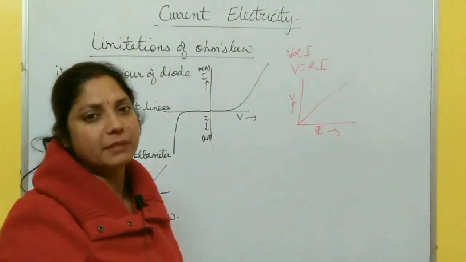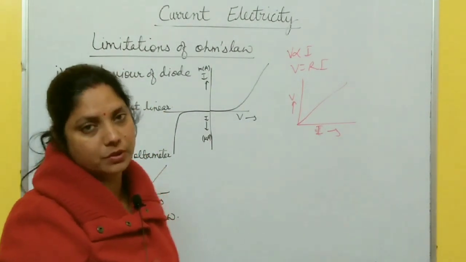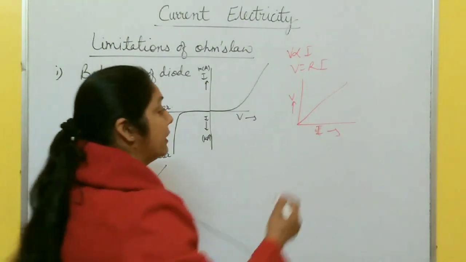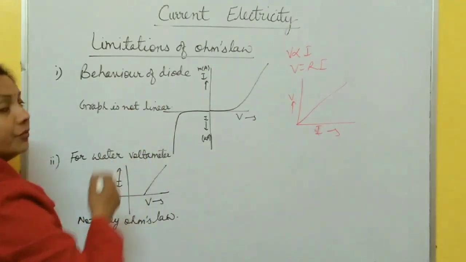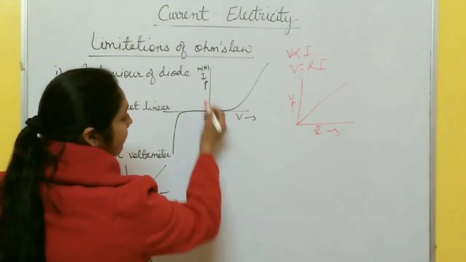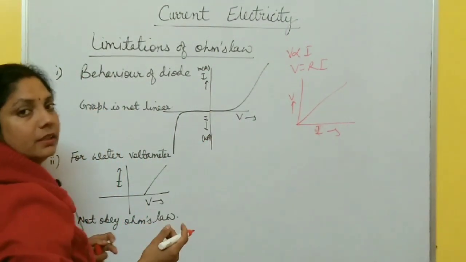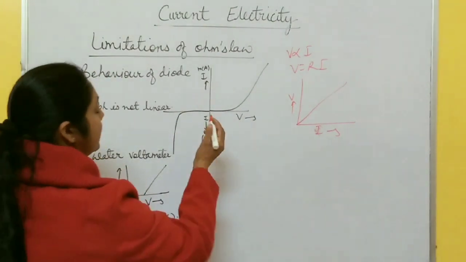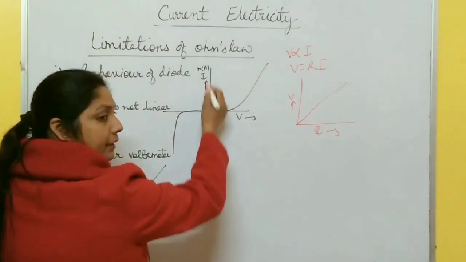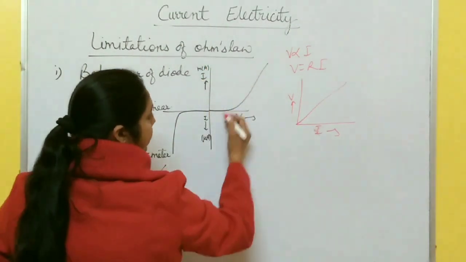But there are certain materials which do not obey Ohm's law. It means in that case, the graph between V and I is not a straight line. For example, the behavior of a diode. This is the VI characteristic of a diode. A diode is a device which produces unidirectional current, right? This side voltage, this side current. This is forward biasing.